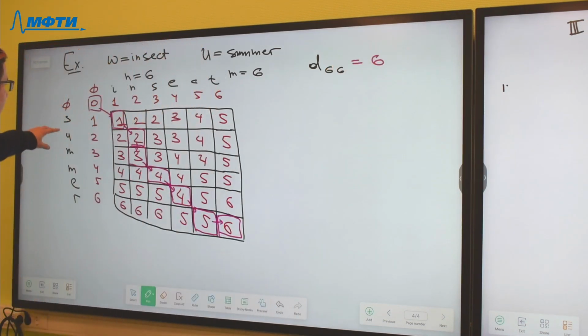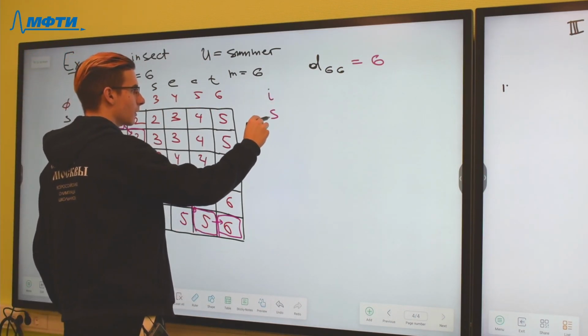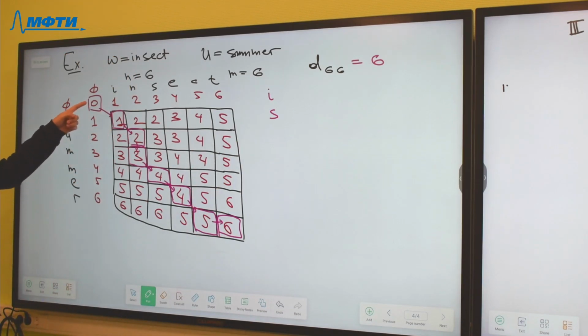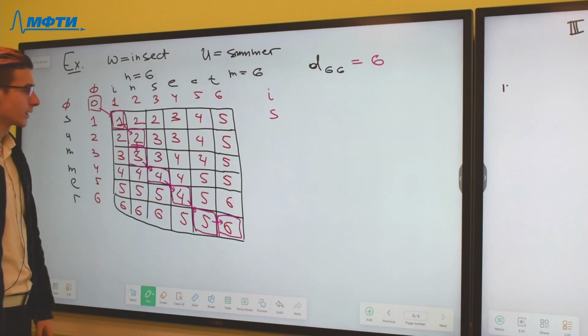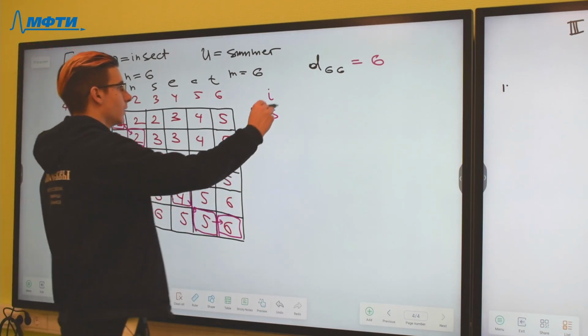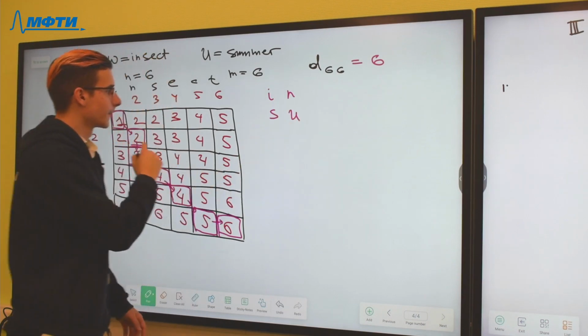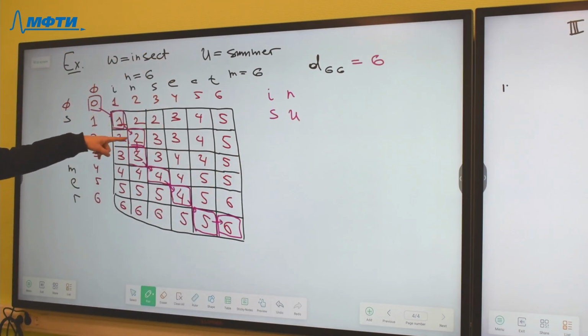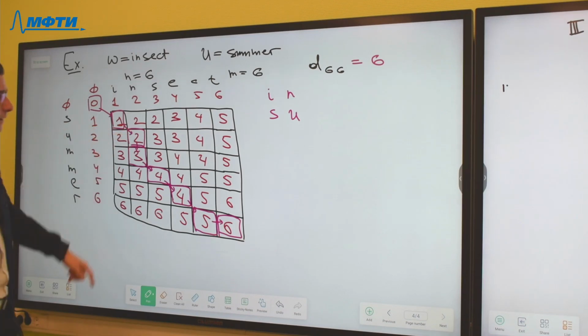For example, firstly, we find E over S because we go from this cell to this by the diagonal way. So we go here 2 by the main diagonal of the matrix. Then I go from here to this cell. So I write M and add an empty character over it.